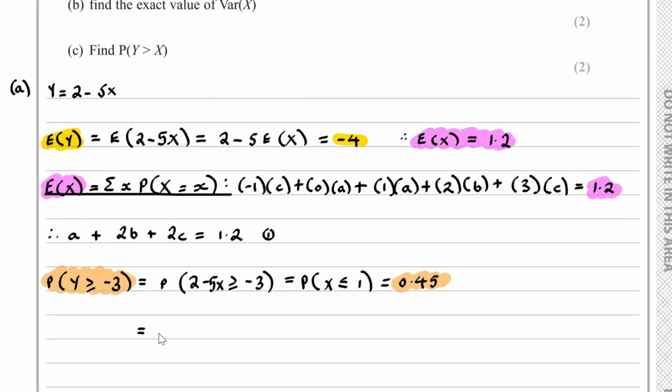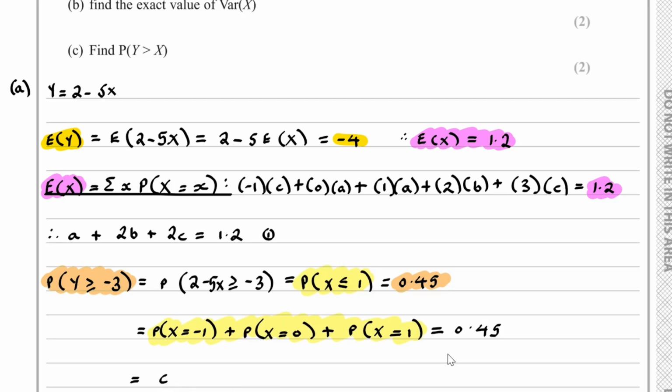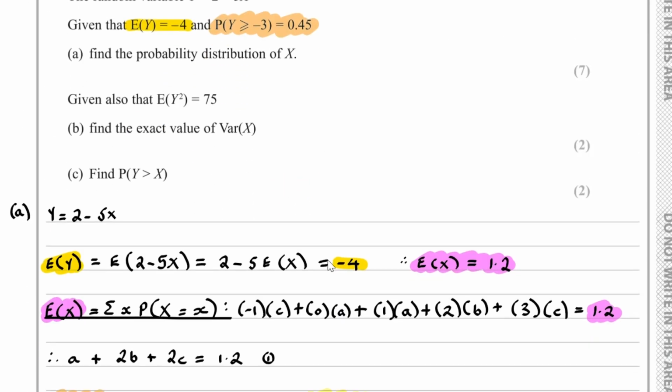What this is the same as is the probability that x is equal to minus 1 plus the probability that x is equal to 0 plus the probability that x is equal to 1. Hopefully you can see that this is the same as what we have over here, and this of course is equal to 0.45. So the probability that x is equal to minus 1 is c, and the probability that x equals 0 is a.